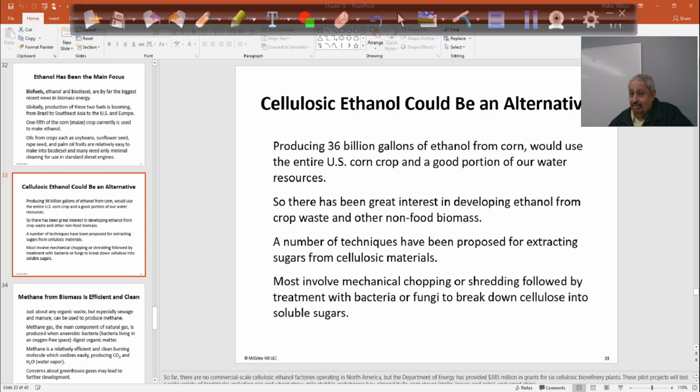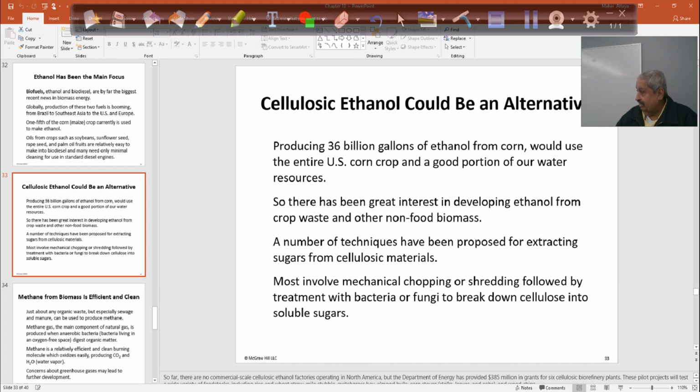If you want to produce 35 billion gallons of ethanol, that will cover all the land you have available for agriculture. So there has been great interest in developing ethanol from crop waste and other non-food biomass. That's from the cellulose, from the glucose.